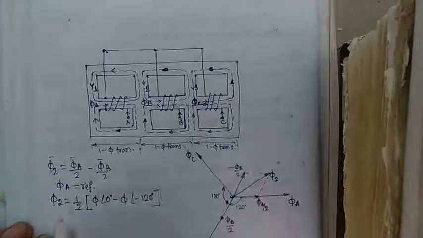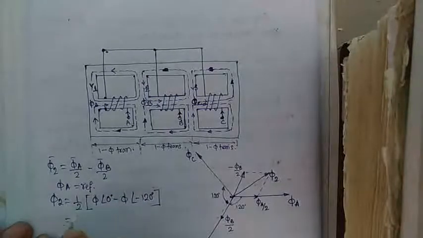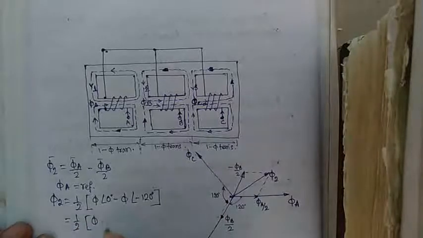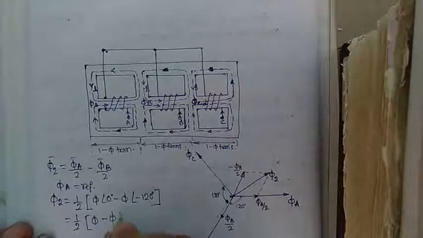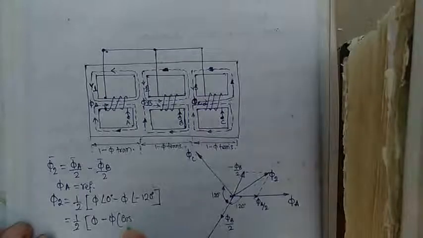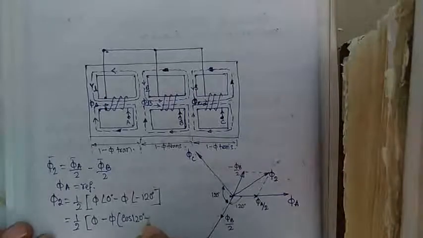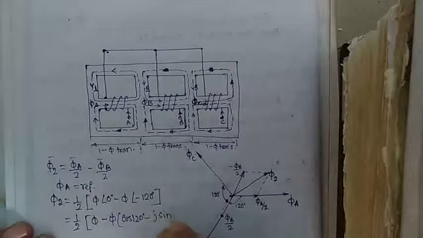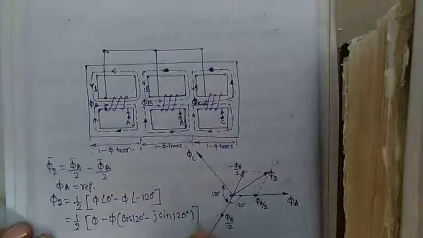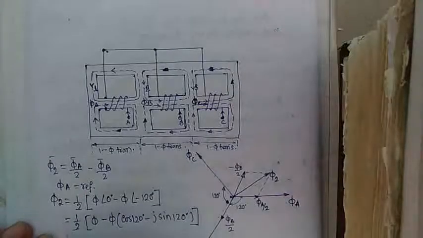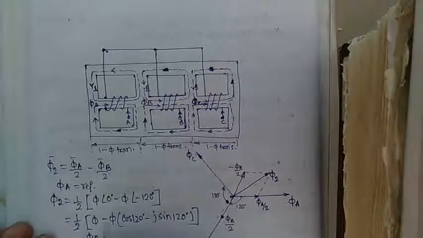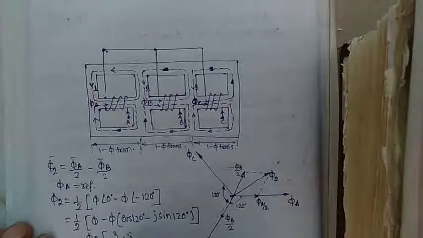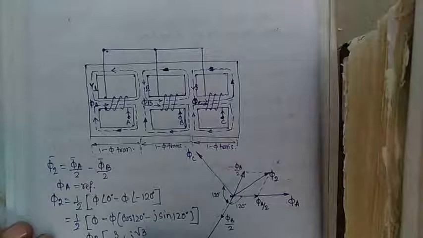So that should be equal to half phi into cos 120 degrees minus j sin 120 degrees. So this is equal to phi by 2 times (3 by 2 plus j root 3 by 2).